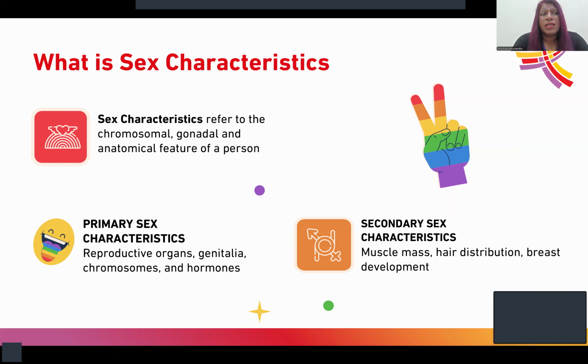It is important to recognize that everyone has sex characteristics, but they don't necessarily determine a person's gender identity. This distinction is particularly important for understanding intersex individuals whose biological characteristics may not fit the typical definition of male or female.